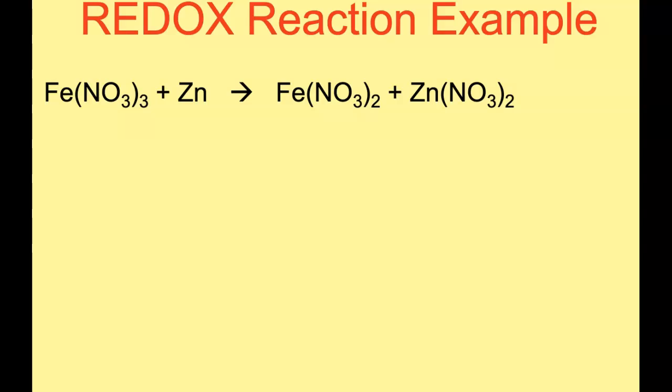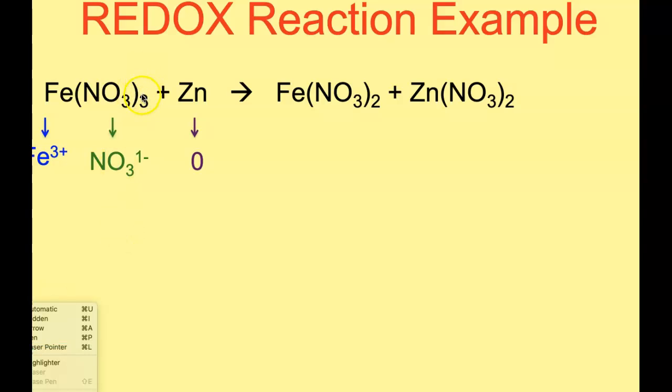All right, and so let's take a look at this reaction. It's a kind of unusual reaction. In this case, I'm going to keep the NO3 together. I'm not going to keep them out separate. And I know that it is a -1. Zinc, because it's an element all by itself, is going to have a 0 charge. And so this means that Fe must be +3.